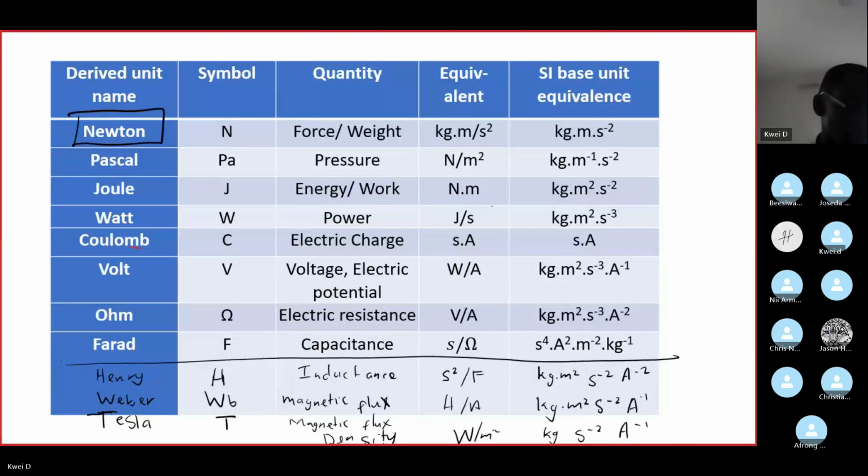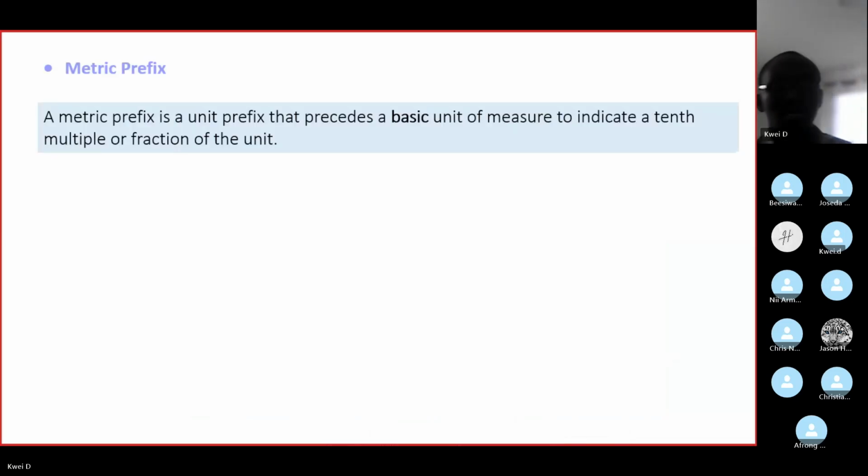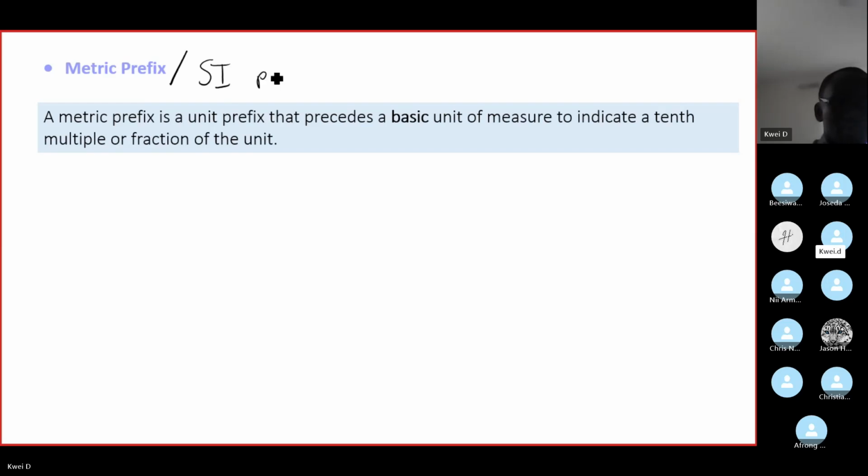Yes. Okay. Then that leads us to metric prefix. In some of your textbooks you see SI prefix or metric prefix. A metric prefix is basically a unit prefix.